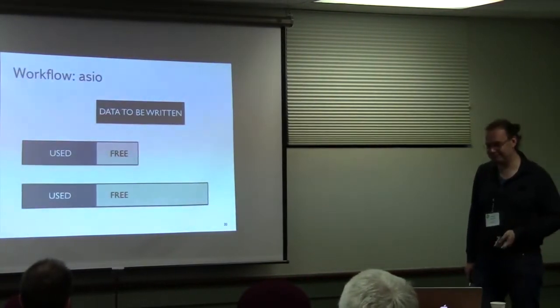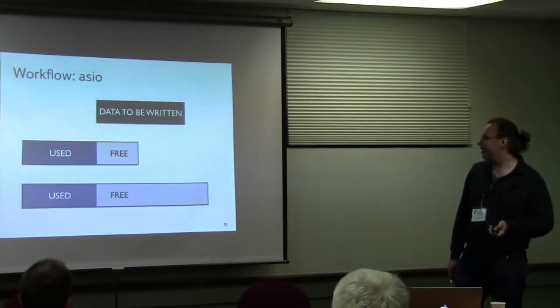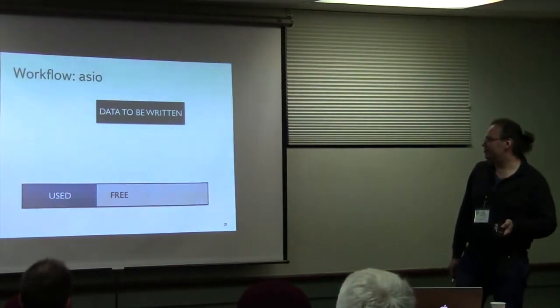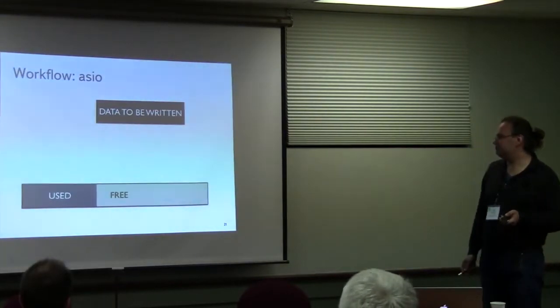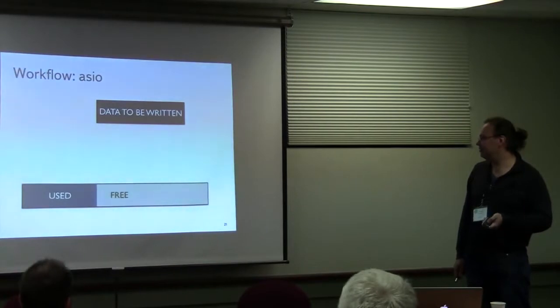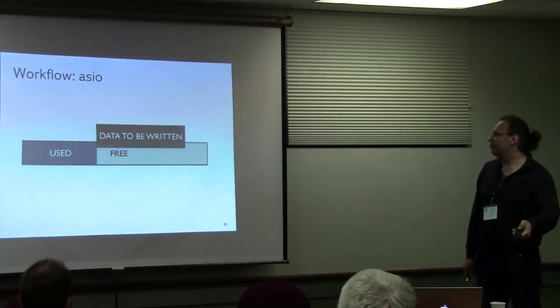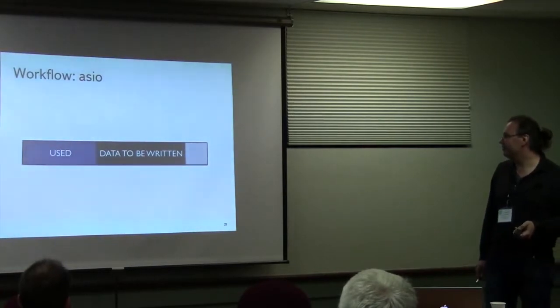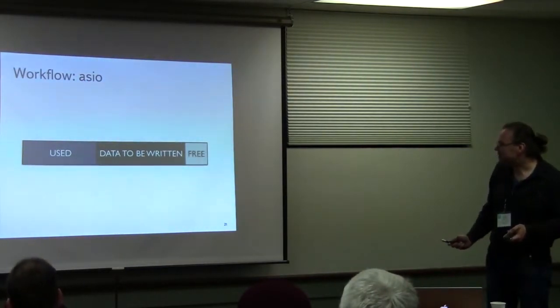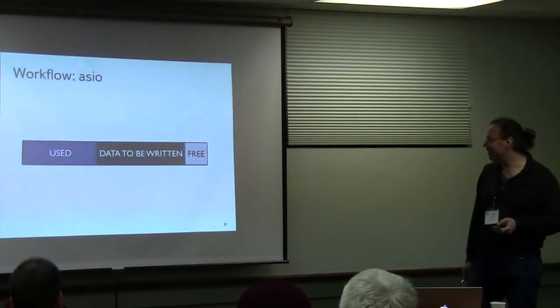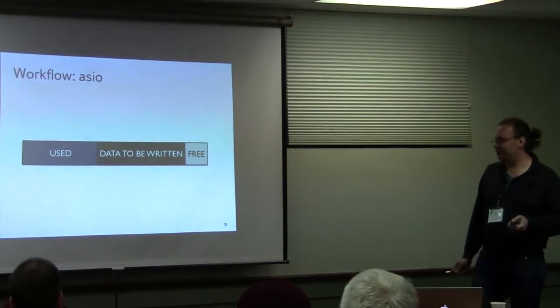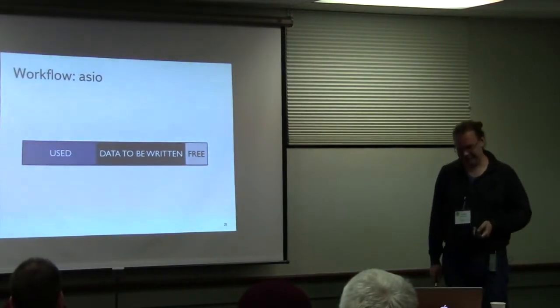That's right. Now we can free the previous memory chunk, and now we can write the data. And we have some free space, that tail. Now everybody is happy. We got the data.